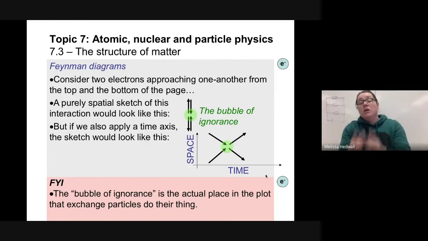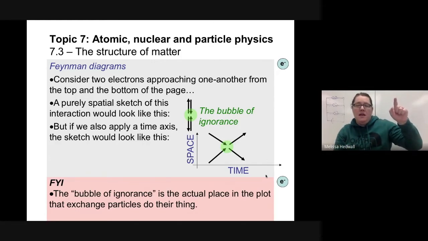So when you look at this, just on quick glance, if everything was space, if we had where it was in the x-axis and where it was in the y-axis, then it would be that they're both traveling to the side, they collide and they both separate.